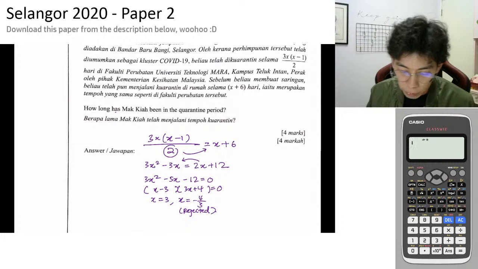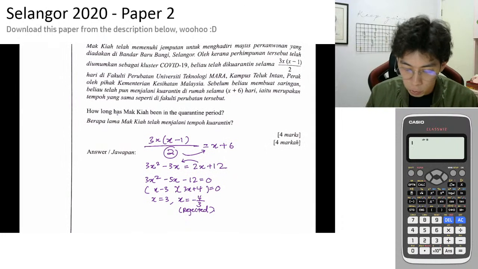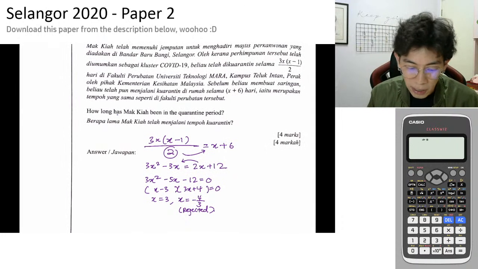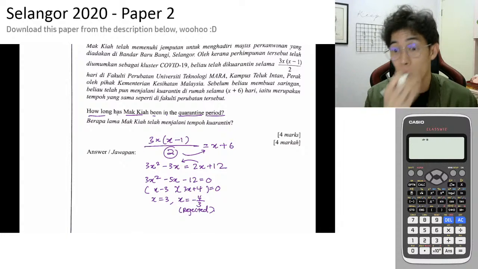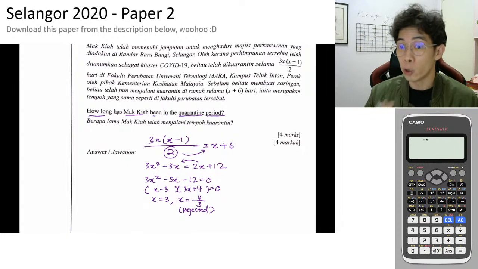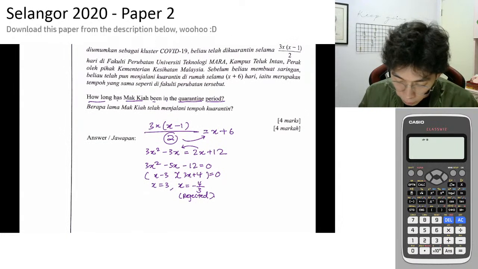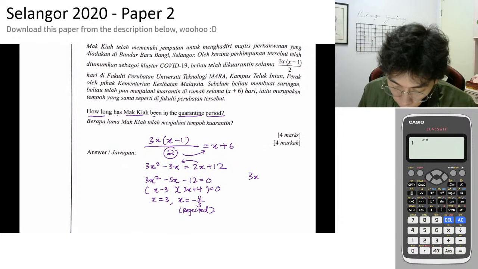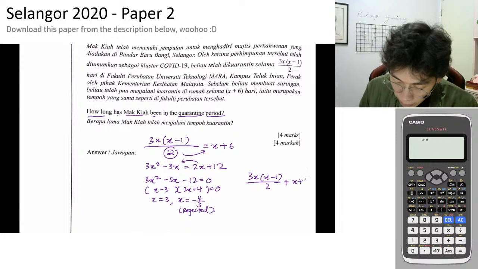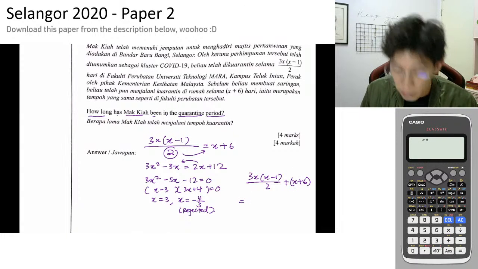Oh yeah, correct. Okay, so after you get x equals to 3, now be careful because they say how long Makia has been in the quarantine period. Quarantine period including Makia isolating herself at home, right? So it's going to be this one, the quarantine period, and then add up with x plus 6, which is isolating herself.